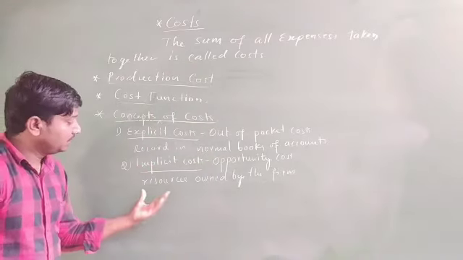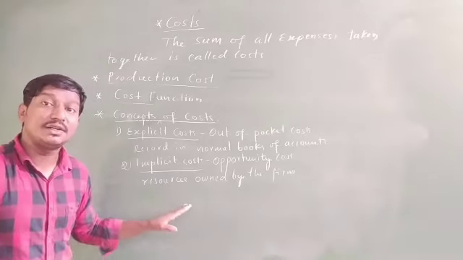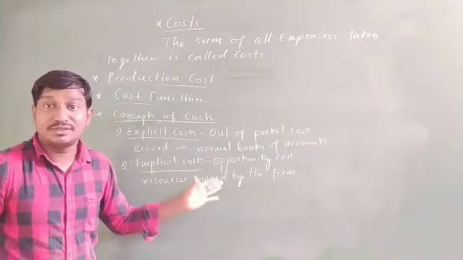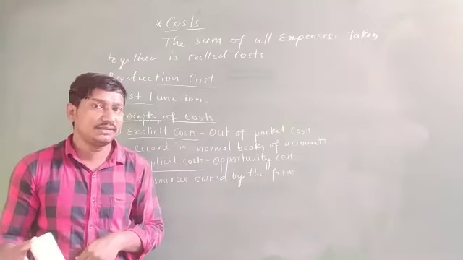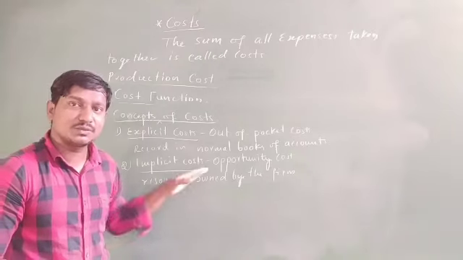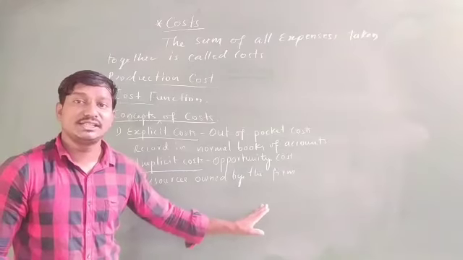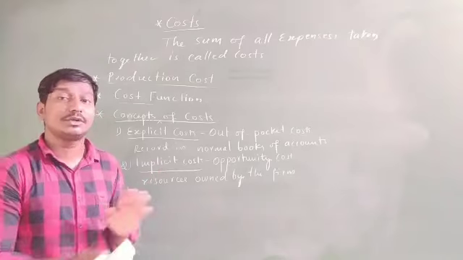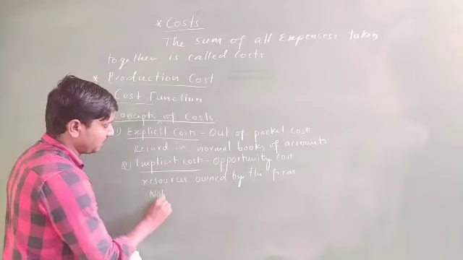Whatever the costs incurred here, these resources are already owned by the firm or the manufacturer. These are related to the firm, which are considered as our own. So we are not going to pay any rent for our own building, isn't it? In that point of view, these are the expenses incurred on owned resources. So for that reason, we are not going to treat these as expenses. Of course, even if these are treated as expenses, usually these are not recorded in the books of accounts.